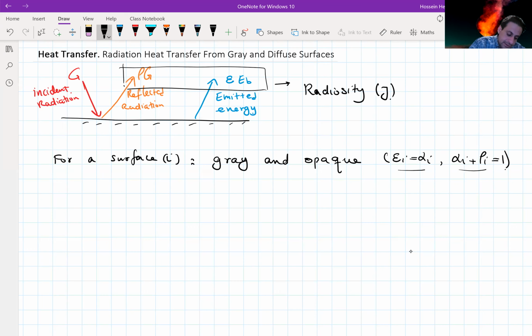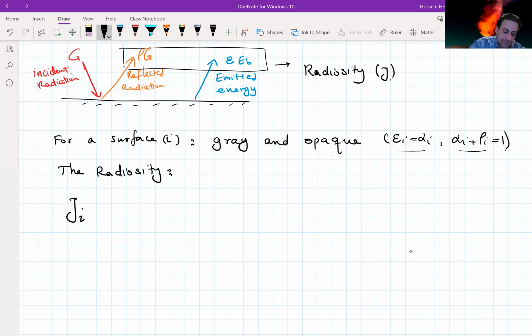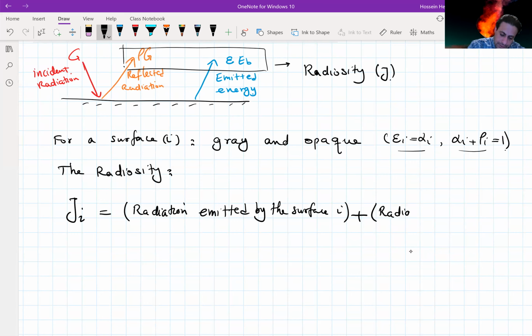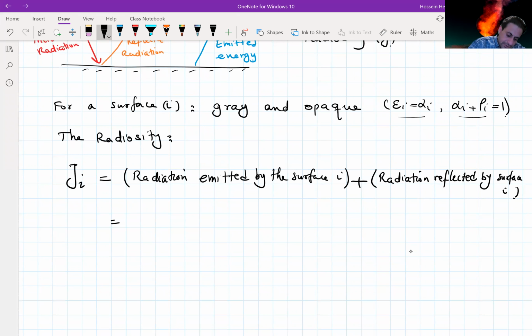Now the radiosity, we can define that, let's say the J from the surface I is going to be radiation emitted by the surface I plus radiation reflected by surface I. So in terms of formulation, we are emitting radiation by epsilon I EBI.